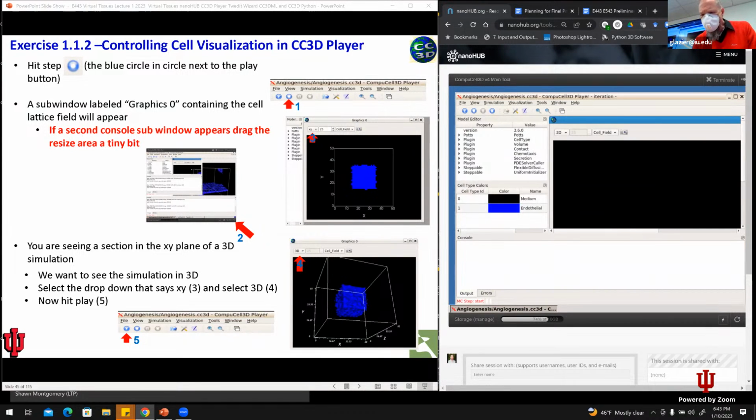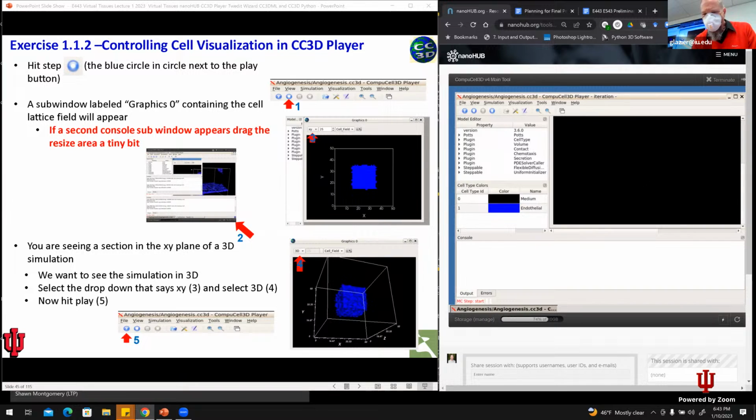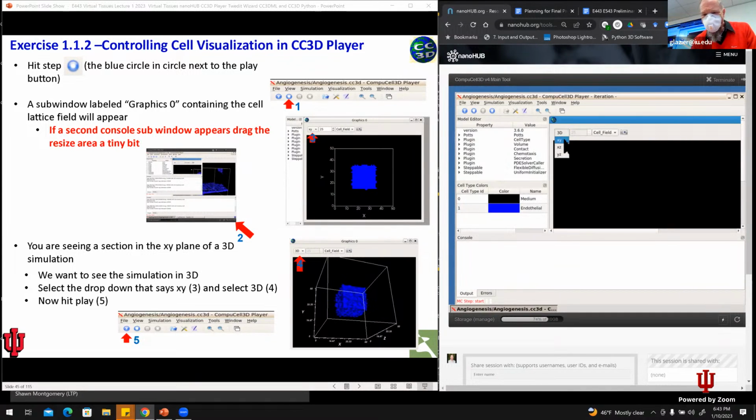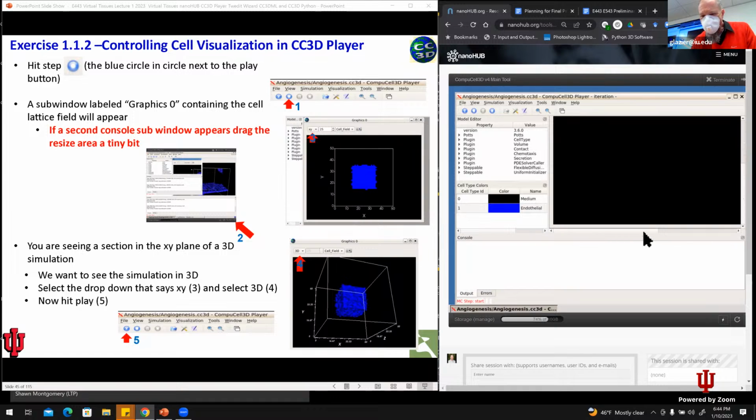One of the things that sometimes happens in the nanoHUB version of CompuCell is that the simulation will disappear on you. So you may have to do some looking around to find the simulation.